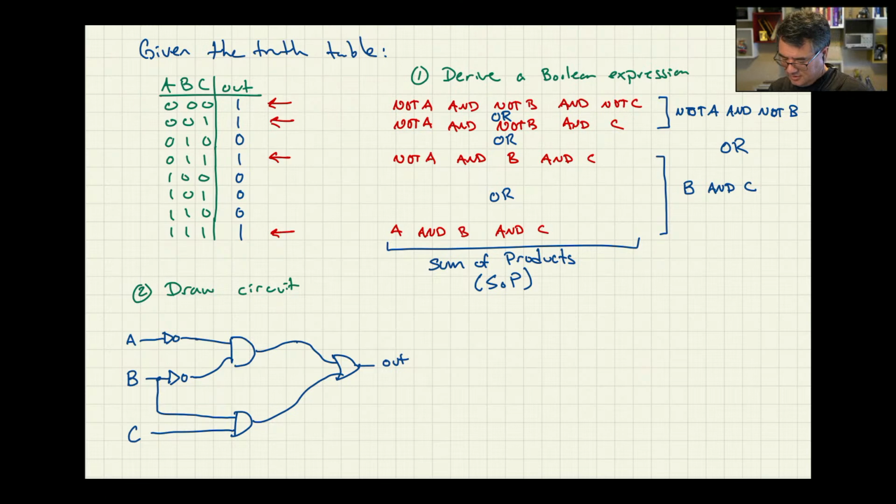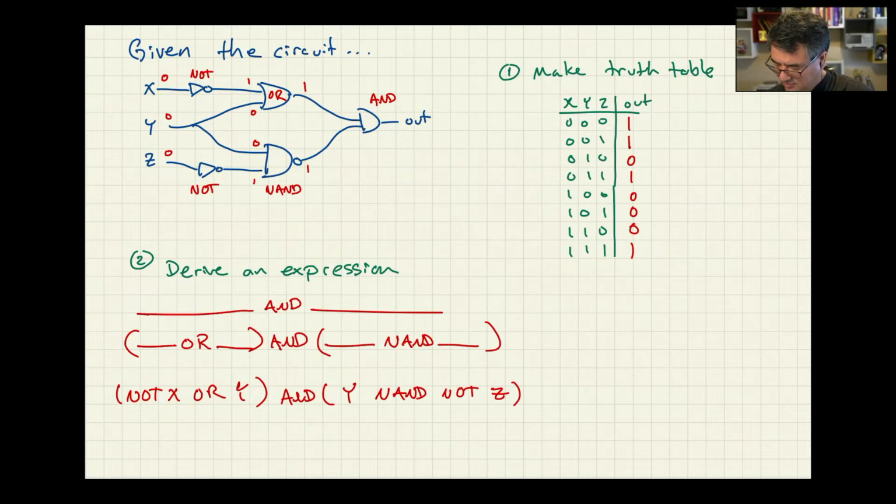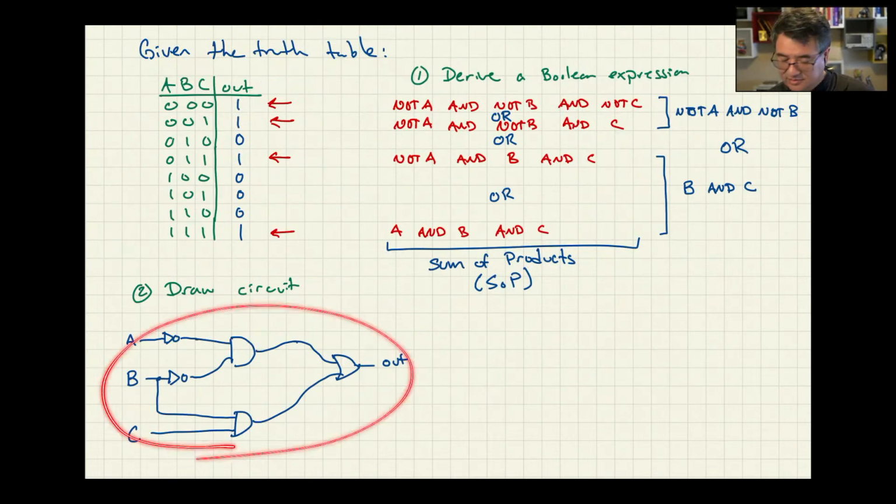Okay, so notice here that this truth table is the same as this truth table. Same truth table, but the circuit is different.